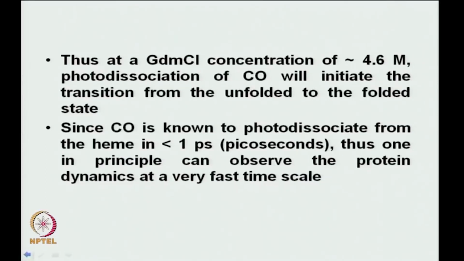Let us not worry about how people observe that, that is a different issue, but this is what the principle of the method is. You trigger folding from an unfolded situation by breaking a bond between Fe and CO, the carbon. Okay. So, essentially this is what you are doing then.